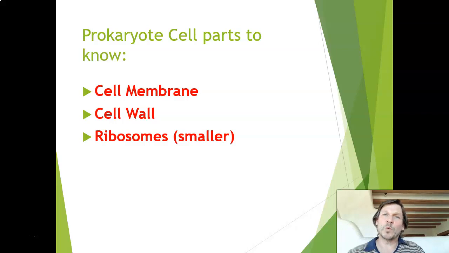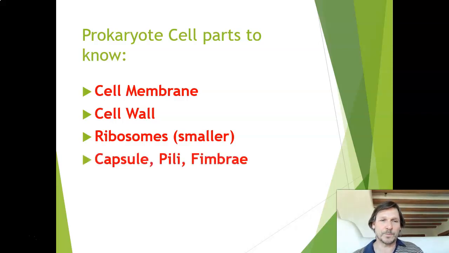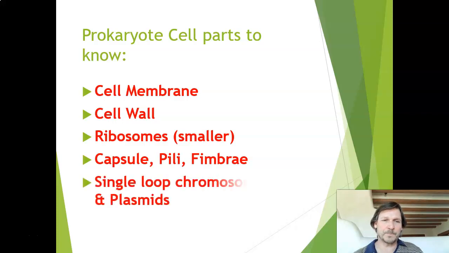And remember, the ribosomes in prokaryotes, and bacteria in particular, are smaller ribosomes. To the outside, we have three things that are farther out than the cell wall. They're made by the cell membrane and excreted to the outside. They are the capsule, the pili, and the fimbriae, which I'll go over in a minute. And then remember, it has a single loop chromosome with DNA.